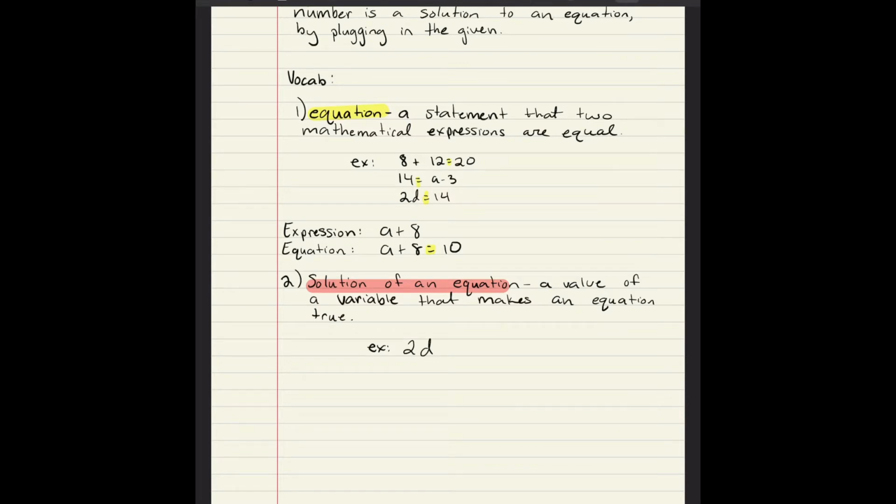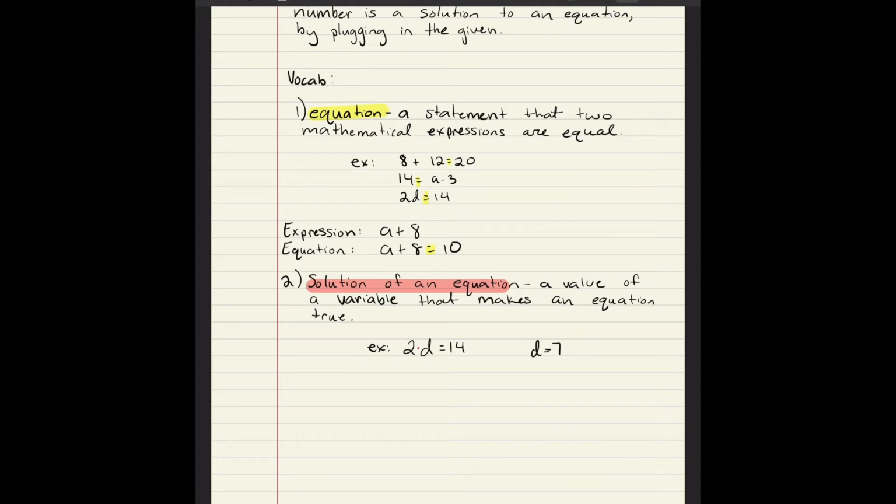2d. So remember, we have our invisible multiplication sign between a variable and a whole number. Well, any number actually. So 2 times d equals 14. So what do I multiply by 2 to get 14? I get 7. So then d equals 7.